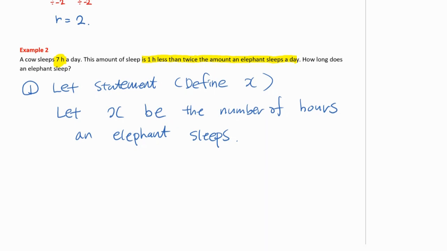So your x is usually the last part of the question. So it is asking you how long does an elephant sleep? So we want to know how long an elephant sleeps. So we're going to let that be x.